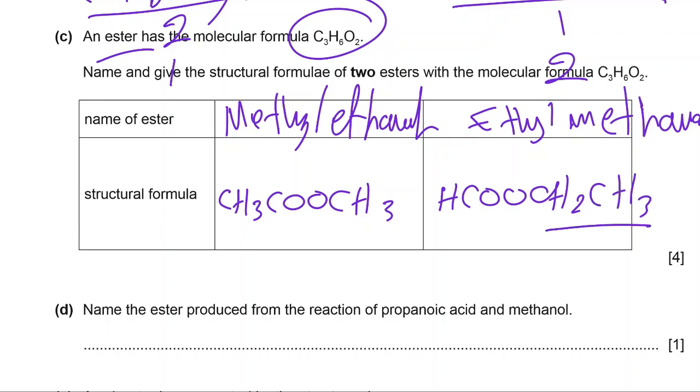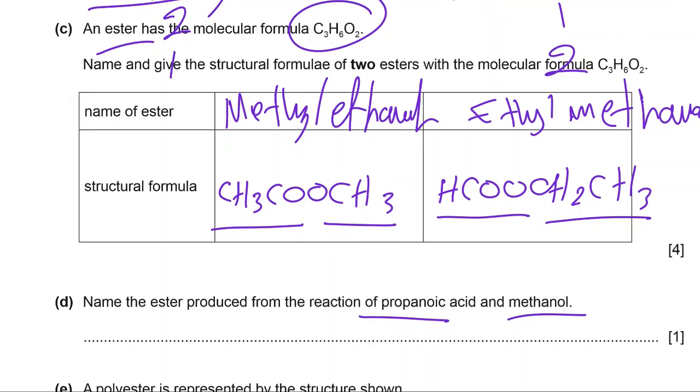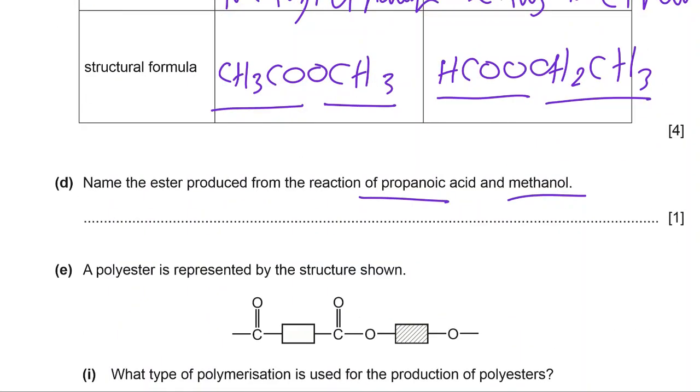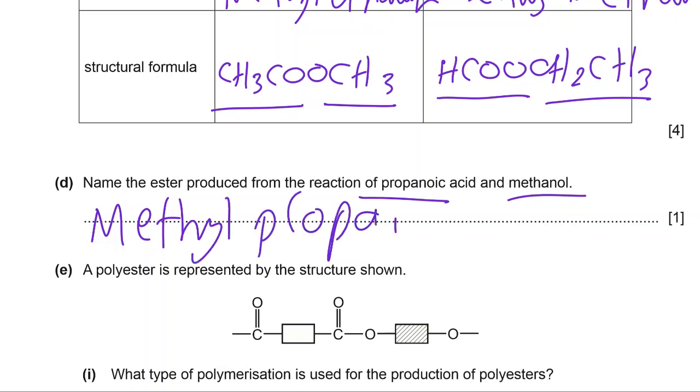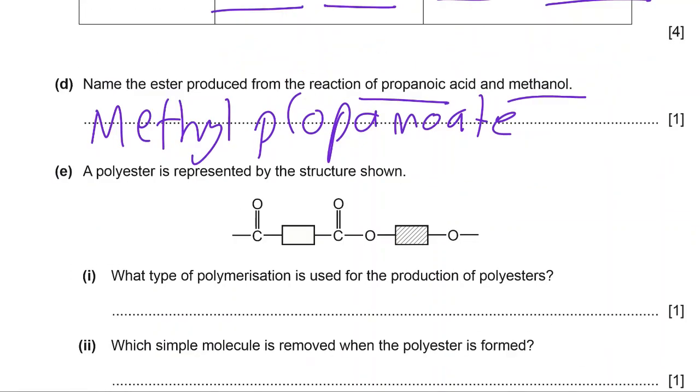So this part comes from ethanol, and this part comes from methanoic acid, and this part comes from methanol, and this one comes from ethanoic acid. Name the ester produced from the reaction of propanoic acid with methanol. The name of the ester is methyl, which comes from the alcohol, and propanoate, which comes from propanoic acid.